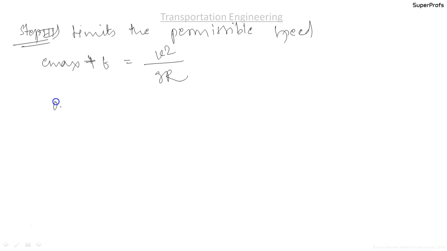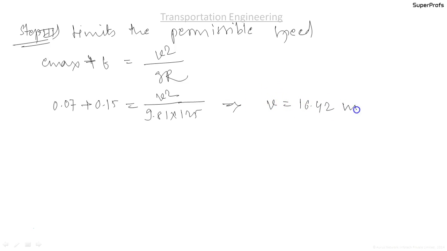So Emax is 0.07 plus 0.15 equal to V square upon 9.81 into 125, which gives V equal to 16.42 meters per second, which is equal to 59.112 kilometers per hour. Okay, so this is the limiting velocity.